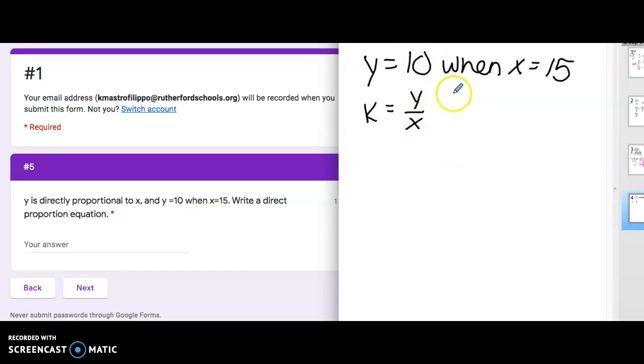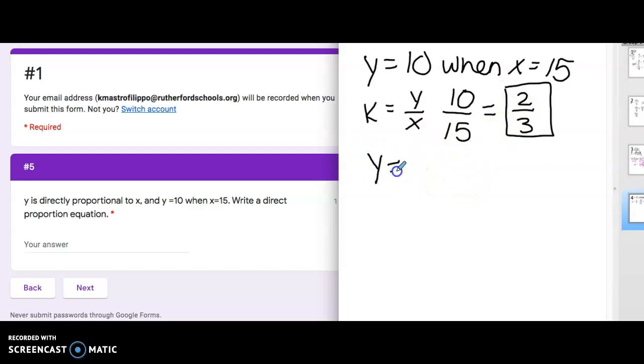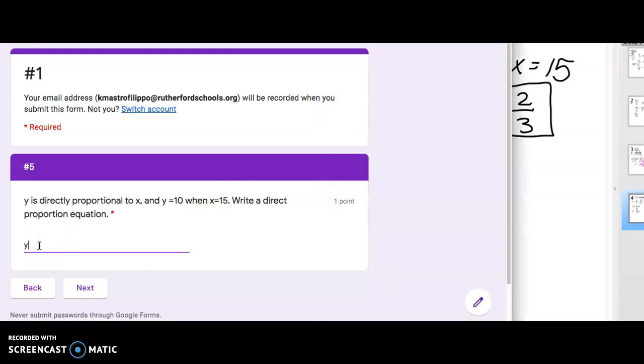So it tells me y is 10 and x is 15. I can simplify this. Both can be divided by 5, so I have 2 over 3. So my constant is 2 over 3, but I'm not done because it wants an equation. Remember, my equation is y equals kx, where I need to plug in a number for k. So my equation is y equals 2/3 x. Put it into the form, y equals 2/3 x.